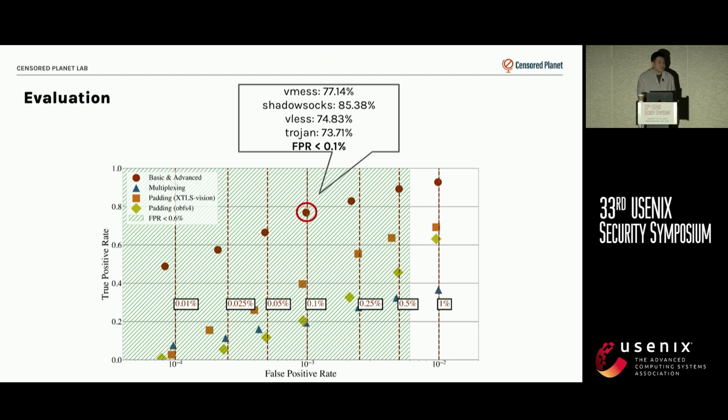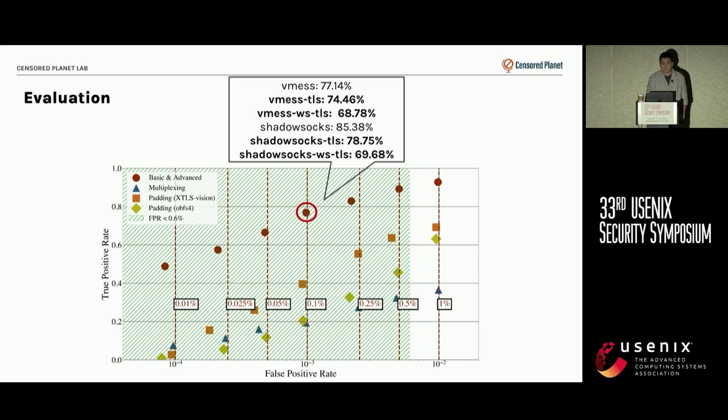To provide some context on the practicality, this shaded area in the graph shows the false positive rates of the real-world attacks we've seen before. The four major circumvention protocols all had detection rates over 70%, even under a conservative false positive threshold. And we think this is concerning, considering these protocols were designed precisely for circumvention, and obfuscation is their top priority.